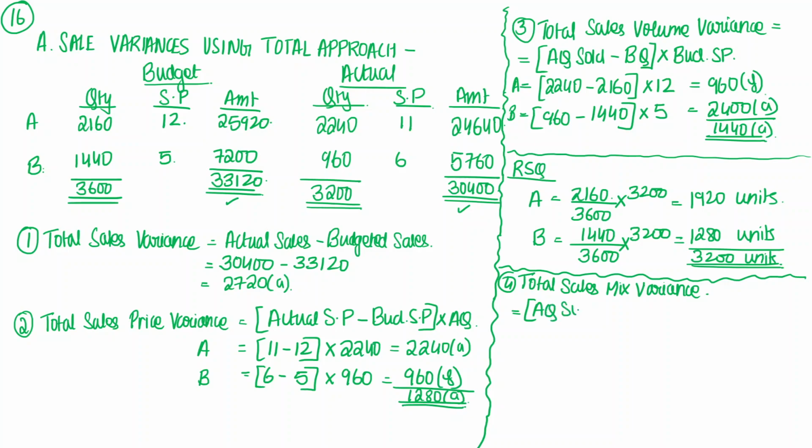Actual quantity sold minus revised standard quantity into budgeted rate.